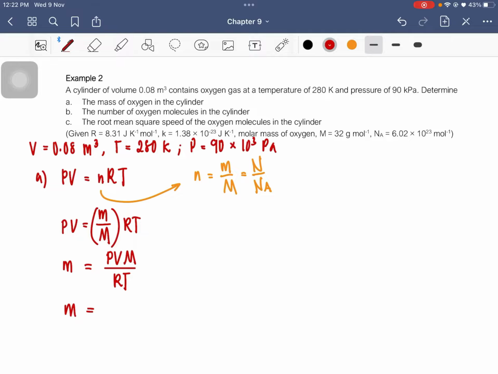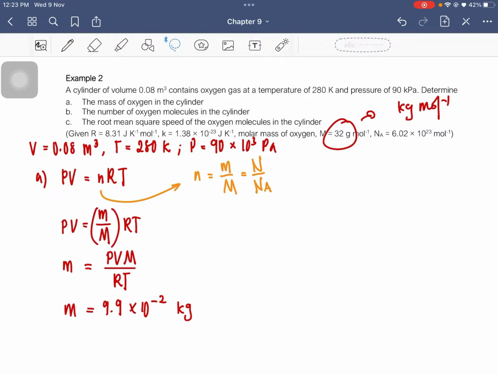We do 9.9 lah. Okay, so 9.9 times 10 to the power of negative 2 kilogram. Okay, so make sure this one is converted into kilogram per mole. Okay, so jangan lupa yang itu because I think I almost did. Okay, so that is on the question A lah.